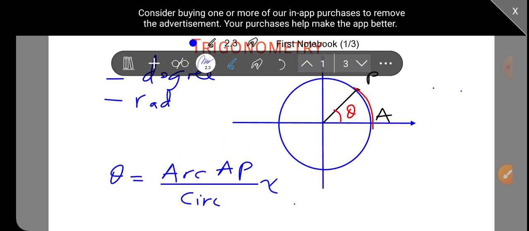Then you multiply this by 360 degrees if you want your answer in degrees. Why am I saying if I want my answer in degrees? Anyway, don't worry about it.